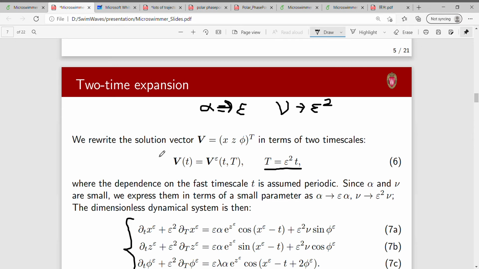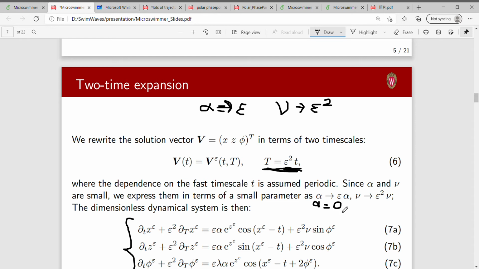We rewrite the solution vector x, z, phi in terms of two time scales. The fast time scale is lowercase t, and the slow time scale is capital T equals epsilon squared times lowercase t. Since alpha and nu are small, we express them in terms of a small parameter: alpha goes to epsilon alpha and nu goes to epsilon squared nu. In the simulations we use alpha equals 0.1, etc.